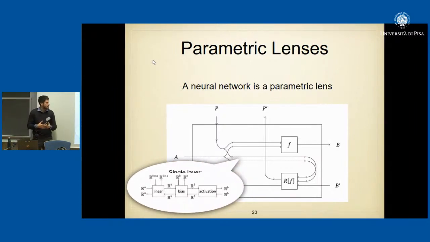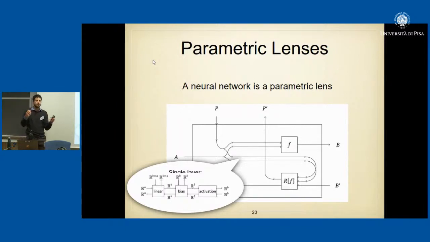I also want to say this is the layer level view, but just as we did before for the neural network as a parametric map, we can make this more fine-grained. So this is, for instance, how a single layer of a neural network will look as a composition of parametric lenses. We can imagine having a parametric lens for the linear part, one for the bias, so the nonlinear part, and one for the activation layer.